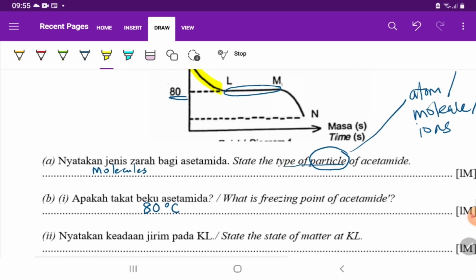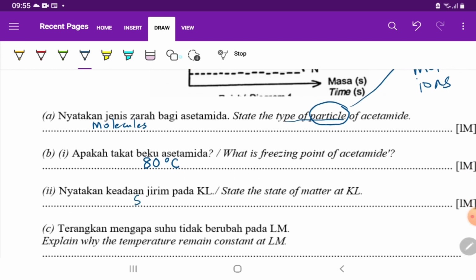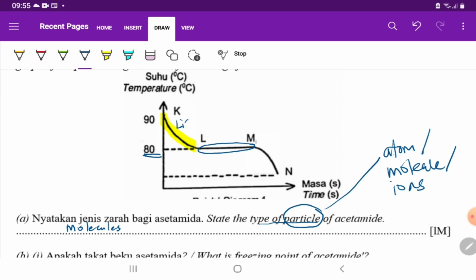It should be liquid before it starts to freeze. Then it will be a liquid and solid mixture. At the end it will be solid only.